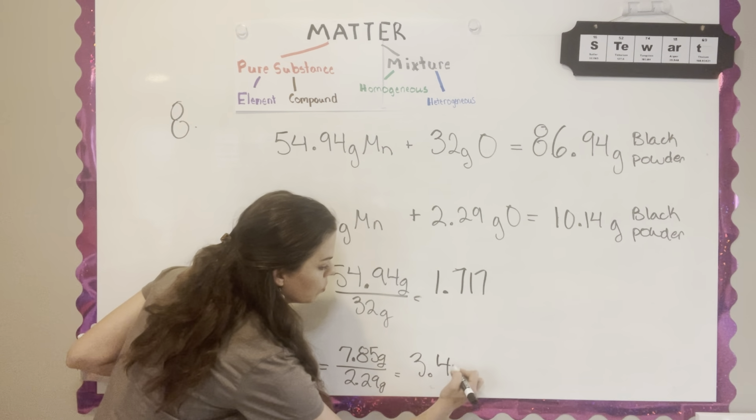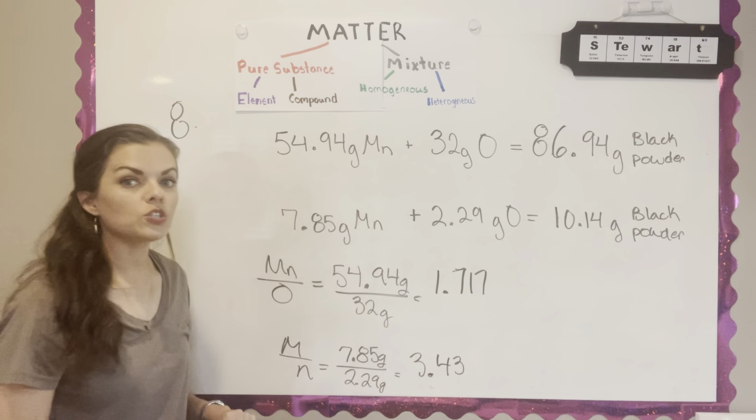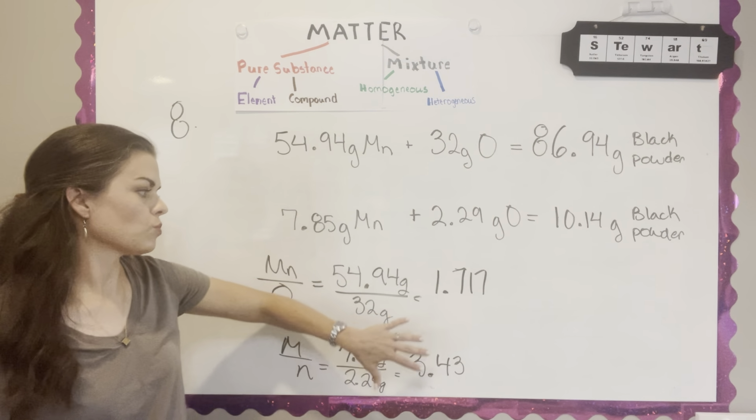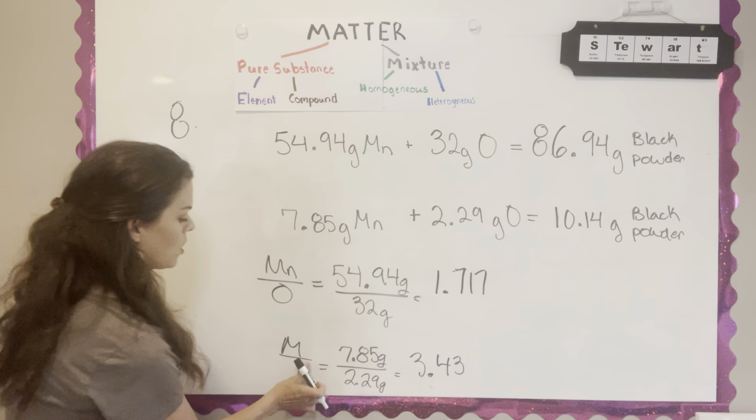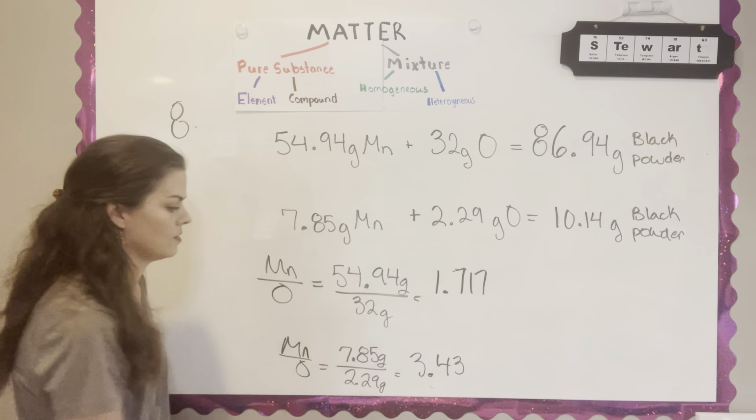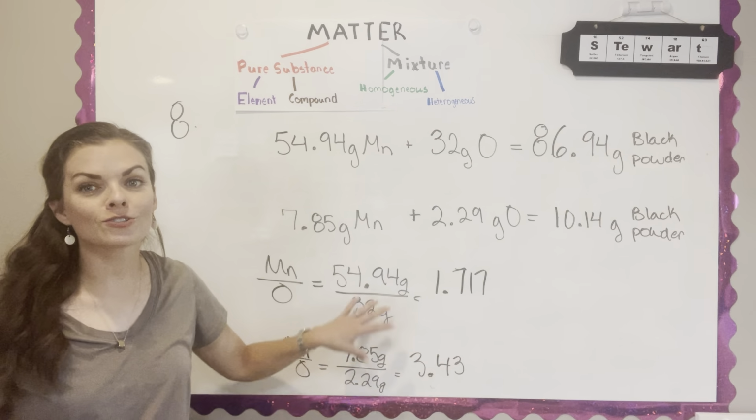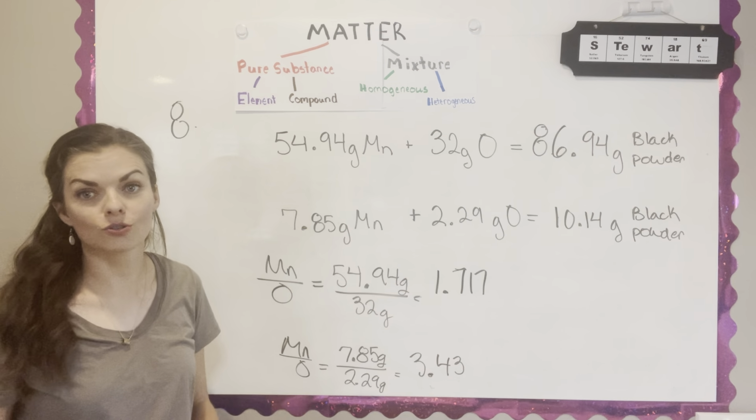And you get 3.43. And so they are not reacting in the same ratio. This one, there's far more magnesium to oxygen as there is in the first. So these are different formulas or different compounds.